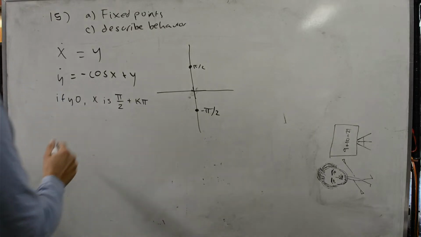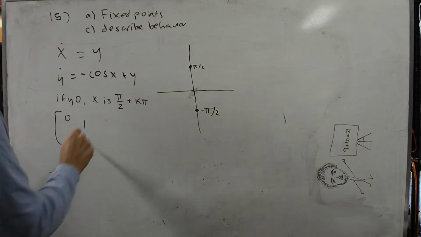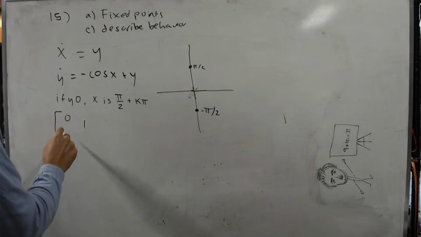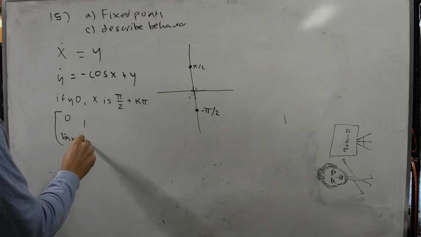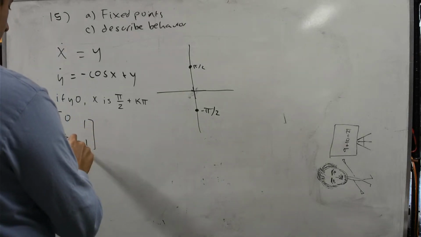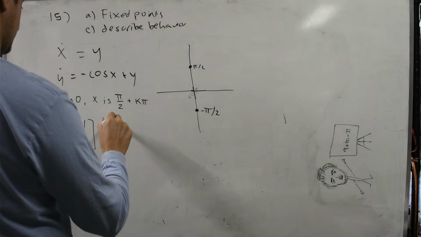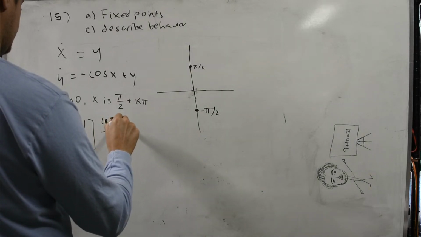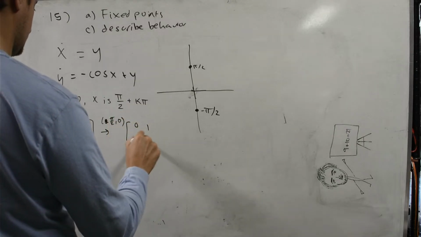Okay, so then let's linearize. So our Jacobian is gonna be 0, 1. And then we pick pi over 2. This is going to be turned into for pi over 2, 0. It's going to be 0, 1, 1, 1.